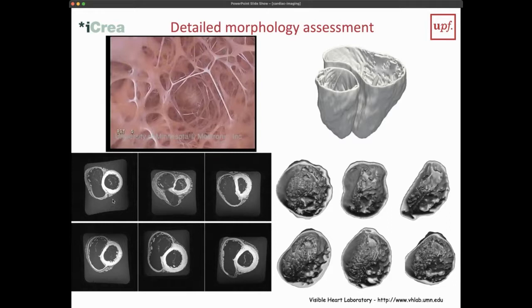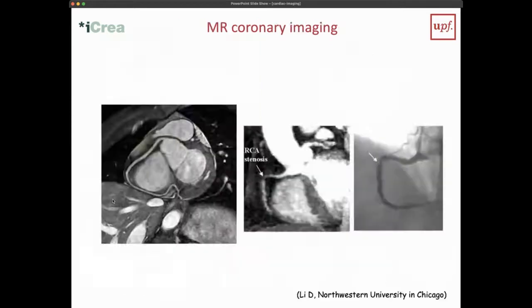These are hearts that are taken out and you have to put them on the table of the MRI, so it's not so easy otherwise. Also, you want to preserve the shape as much as possible, so you have to fix it under a certain pressure, because otherwise, of course, the right ventricle would collapse. So this is a way to do ex vivo imaging in a reasonably native state. That's why you put it in gelatin or paraffin, something like that. Okay, thank you.